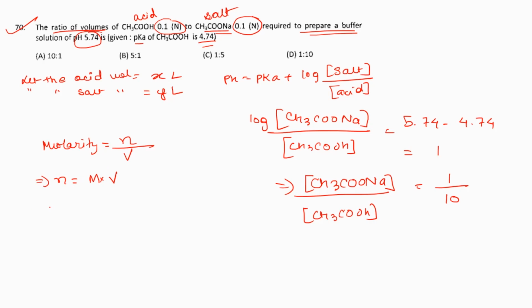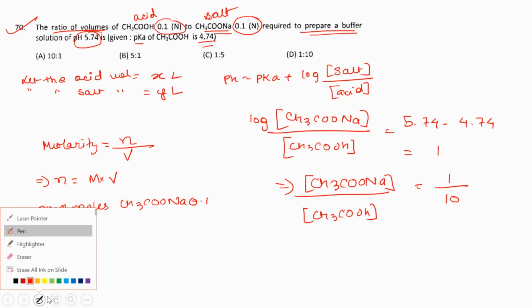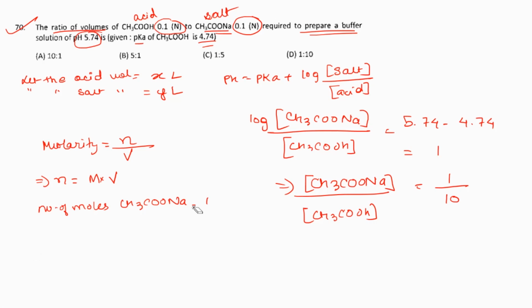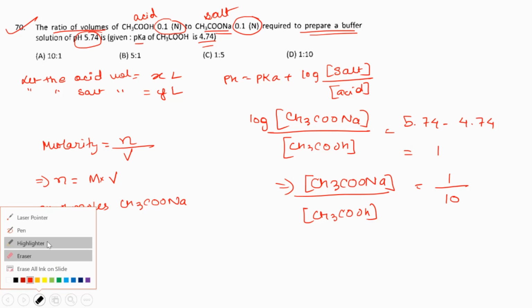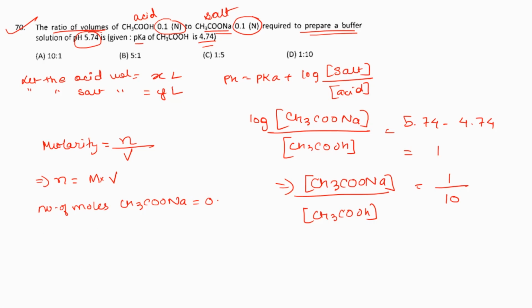So number of moles for CH3COONa is 0.1 x, and number of moles for CH3COOH is 0.1 y.